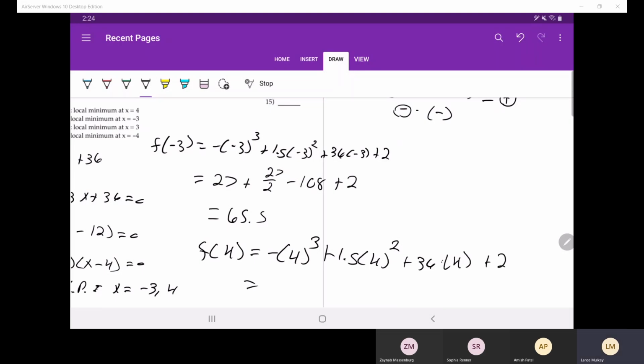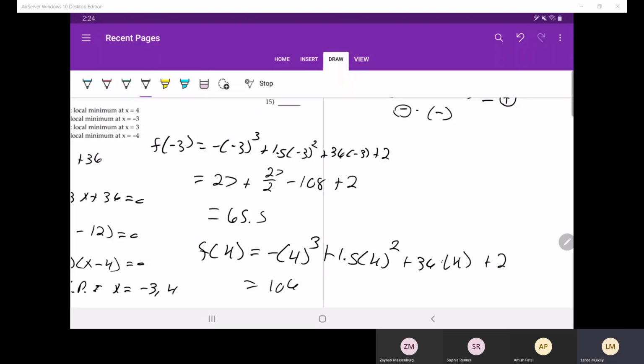And to save y'all the trouble, I'm putting in a calculator because I'm lazy. 106.